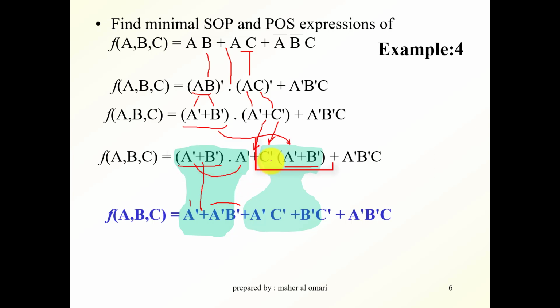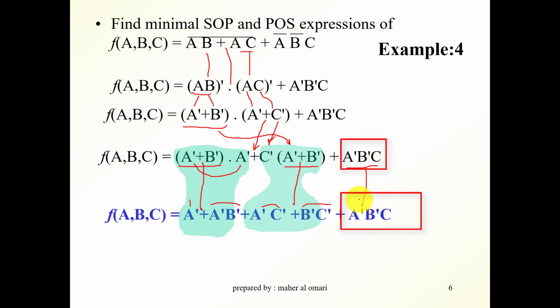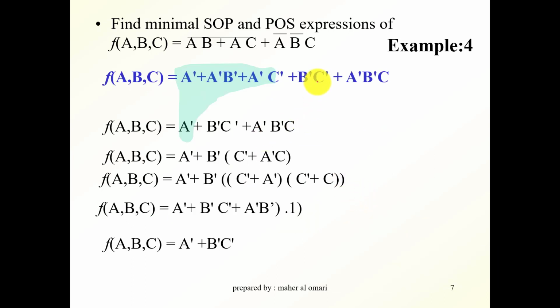It's A bar C bar, ORed with C bar B bar, which is this, and this one here goes down the same. Now these three terms here have A bar and A bar and A bar. So the OR of these together will be an A bar. And this here goes down, and this here goes down.